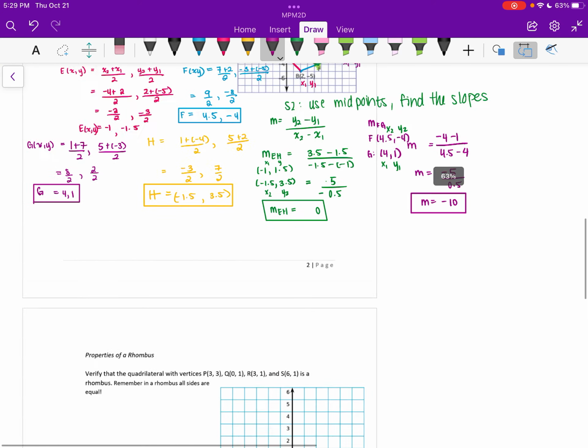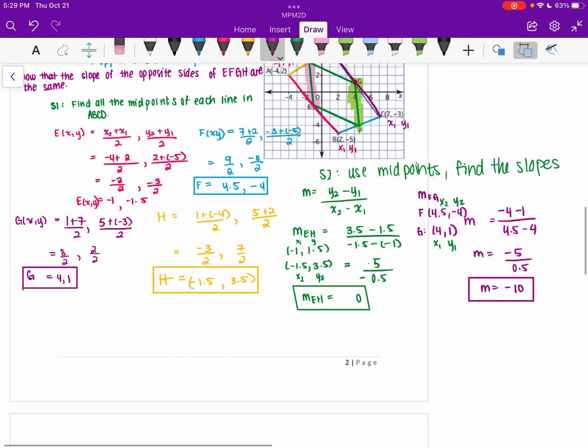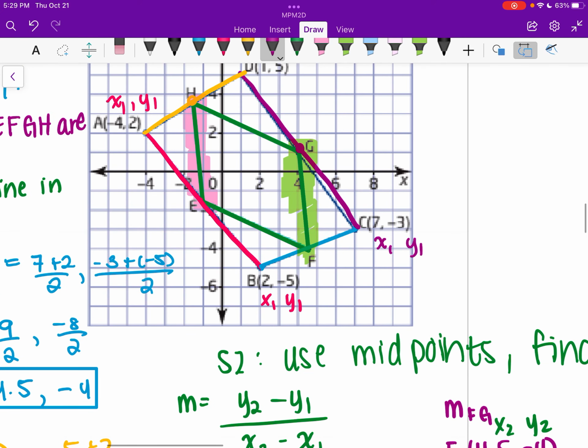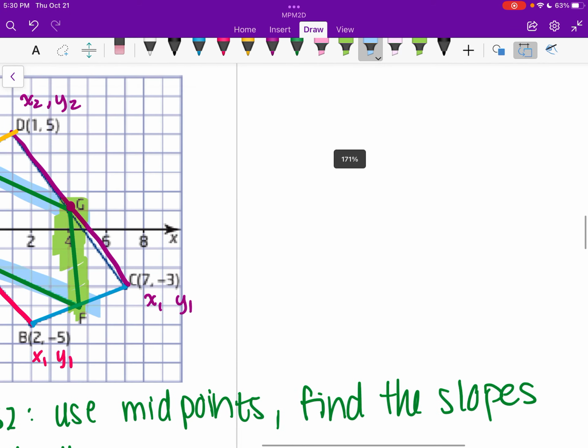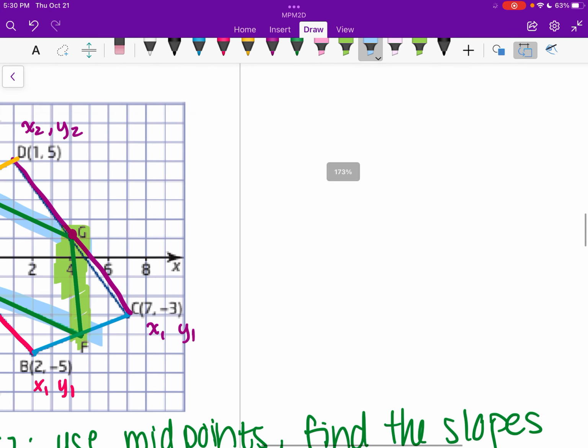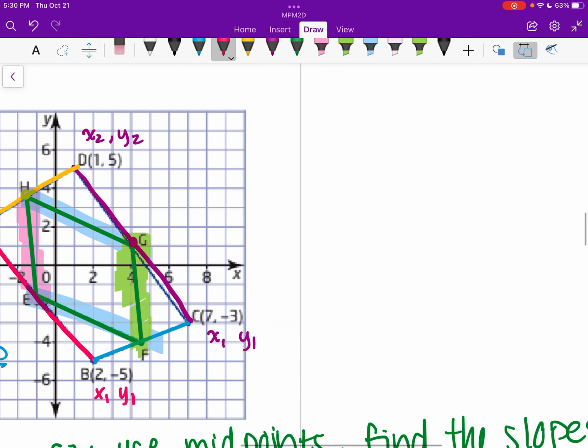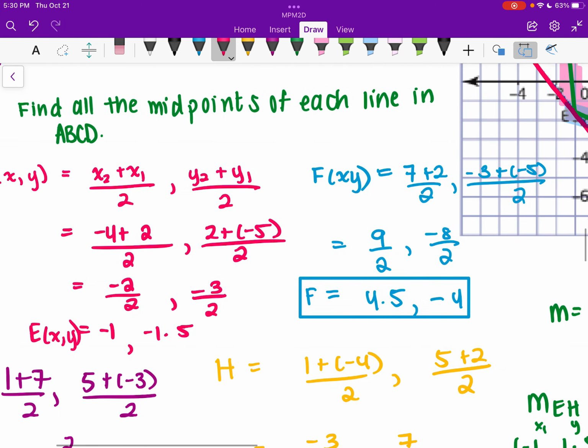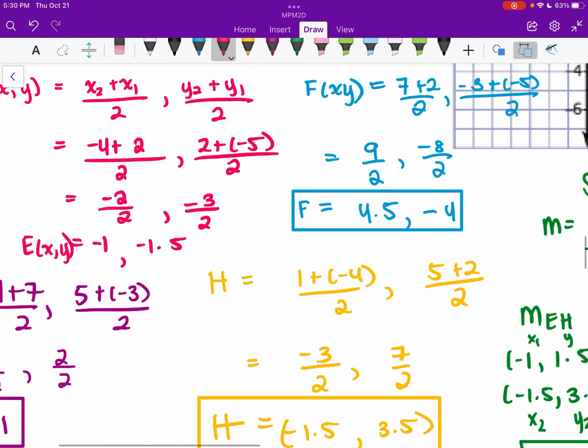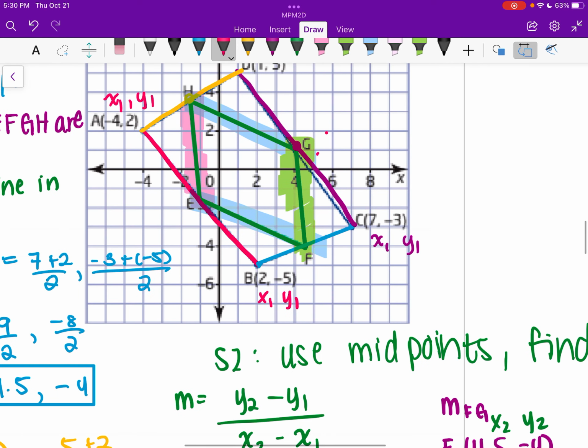Now we want to go ahead and compare our other lines. So we want to compare HG, right, to E and F. So let's go figure out for HG what our points are for H. So slope of HG, right, is going to equal y2 minus y1. I like to put in my points actually right on the graph because it's easier to work with that way, right?